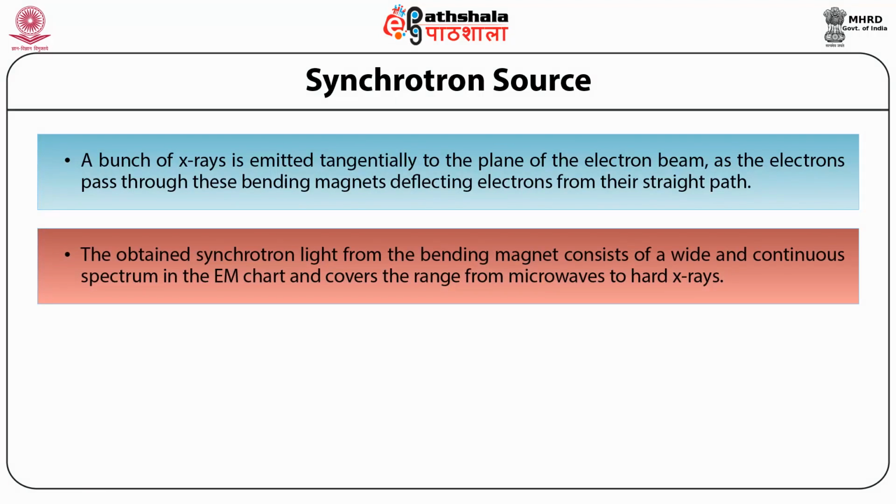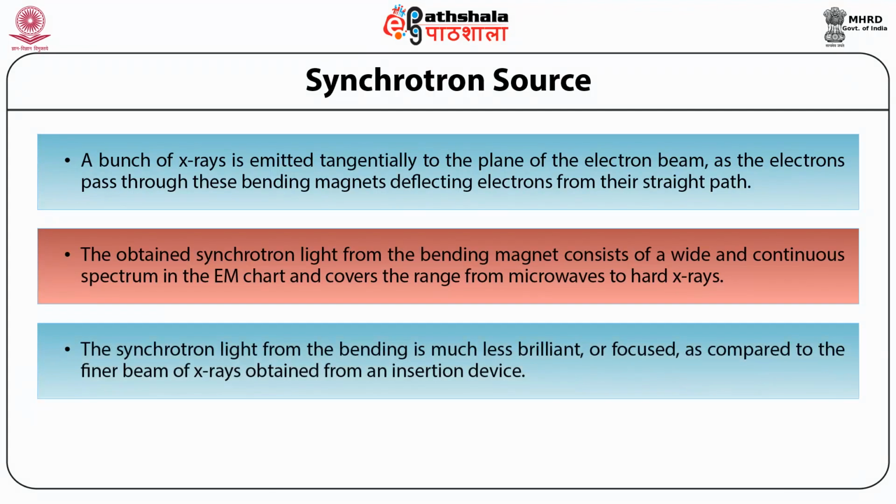The obtained synchrotron light from the bending magnet consists of a wide and continuous spectrum in the EM chart and covers the range from microwaves to hard X-rays. The synchrotron light from the bending magnet is much less brilliant or focused as compared to the finer beam of X-rays obtained from an insertion device.